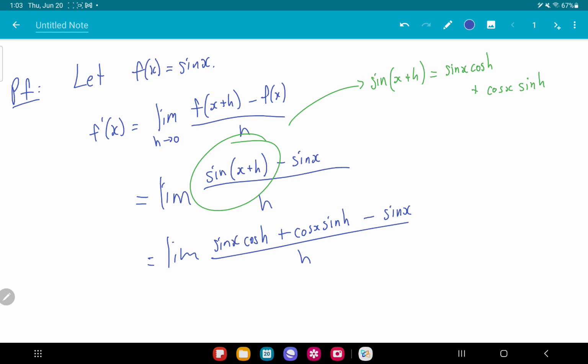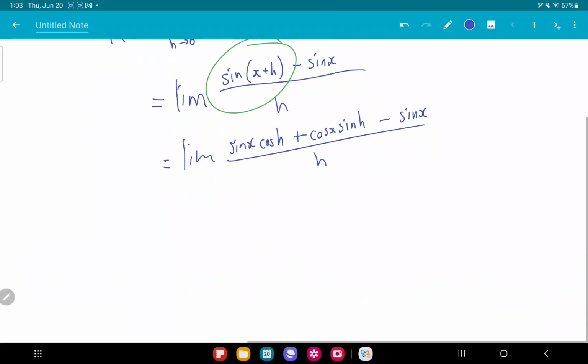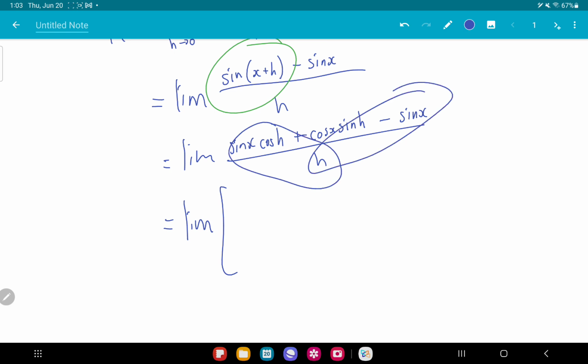No, I won't cry. I will say, whoa, look, that has a sine x and that has a sine x. Let's put them together and see what happens. Big bracket. So if I take this guy and this guy, put them together, what do you get? You get sine x, right?